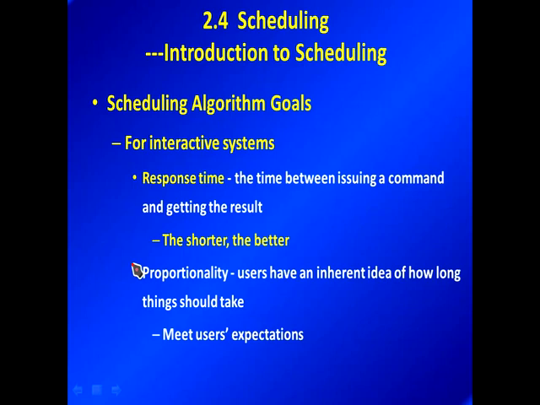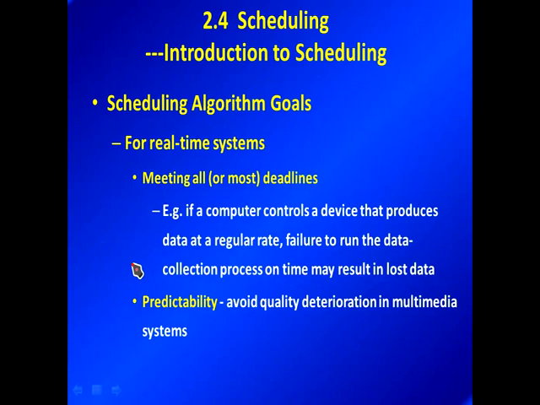So this is about the interactive systems. We know that the response time is the most important criterion, but you also need to understand that when we learn the theory, when we learn the algorithms, we have to use the turnaround time to evaluate the different algorithms for this kind of systems. And for the real-time systems, of course, it's very important for the algorithms to meet all or at least most deadlines.